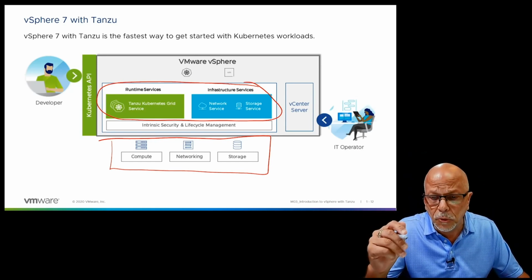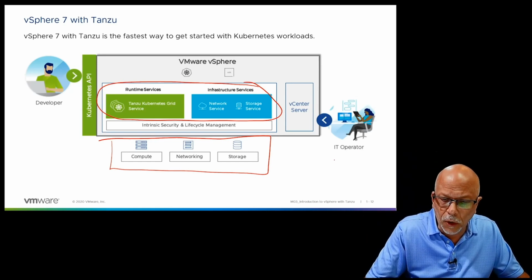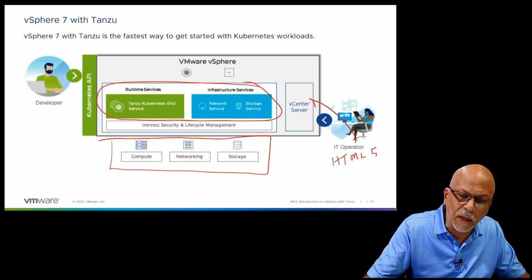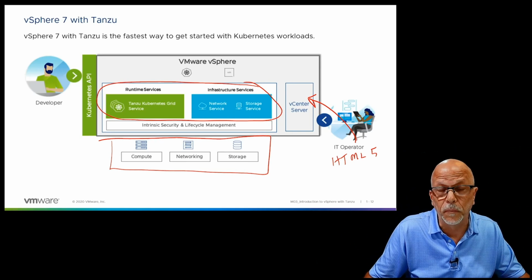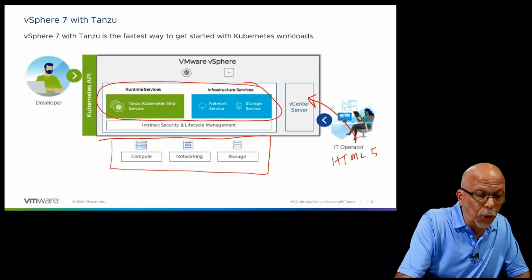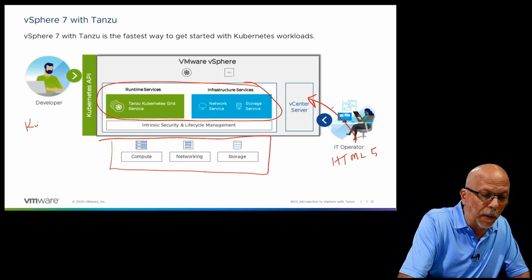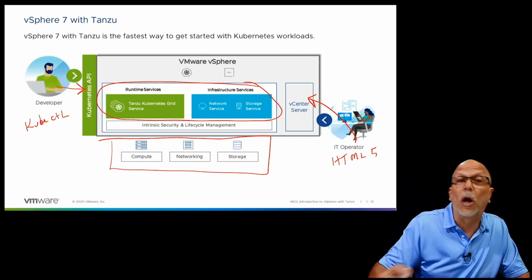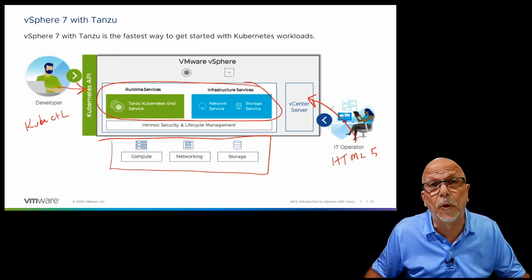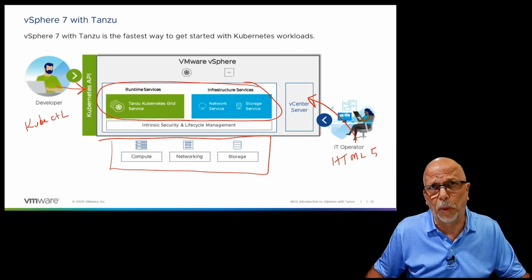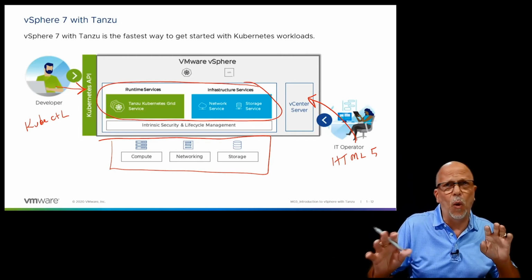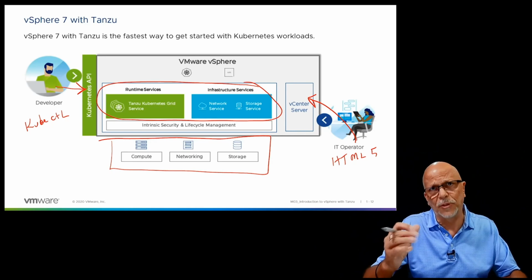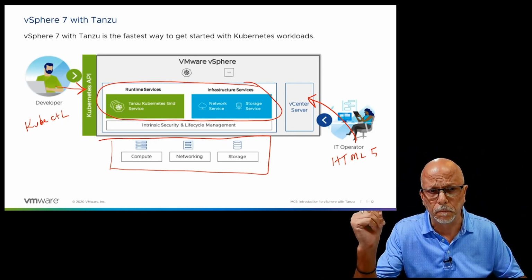How are you going to do that? You're going to do it over here using the HTML5 client and simply connecting to the vCenter server. Later, we're going to set up our kubectl over here, and we're going to use kubectl to talk to the API server running inside our Kubernetes platform so we can see how we would do both of those. And that's going to be the labs coming up shortly.